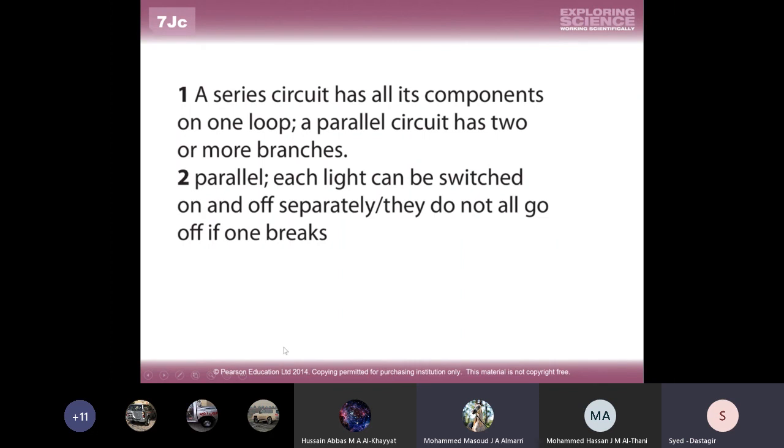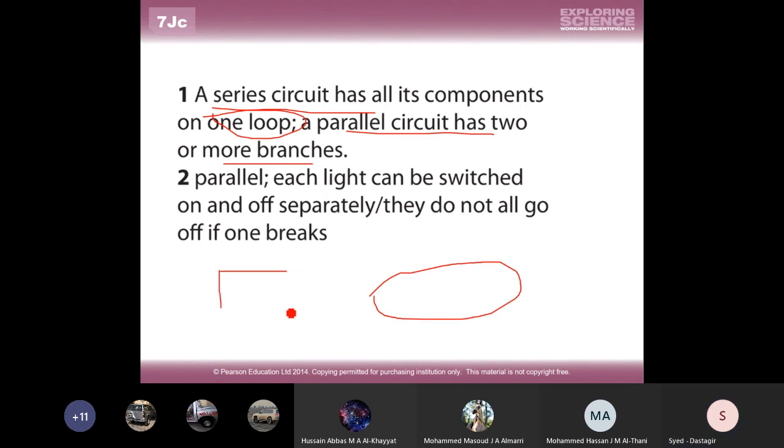Okay, so here are the answers, guys. A series circuit has all of its components in one loop. What does one loop mean? It means like this. Whereas a parallel has two or more branches, which means this. There and there, yeah?